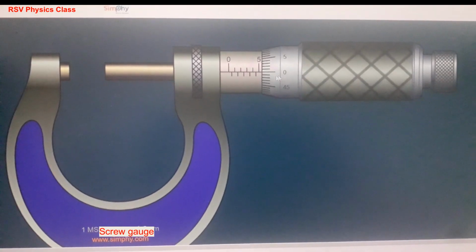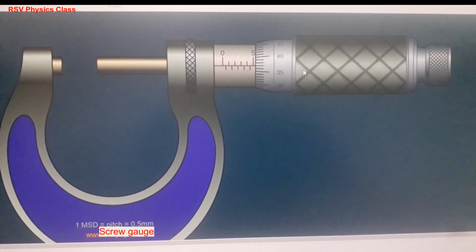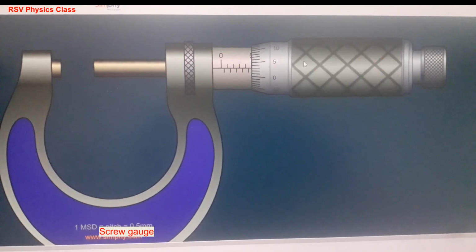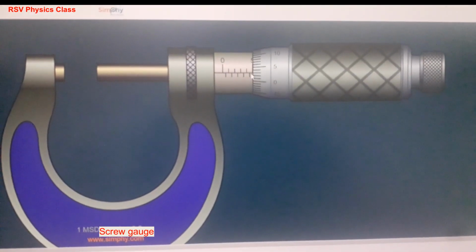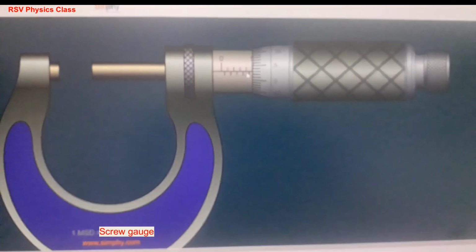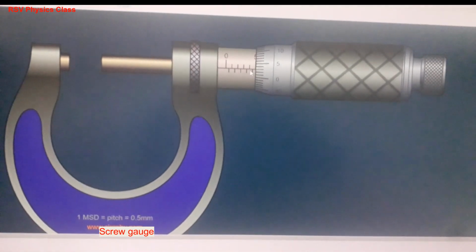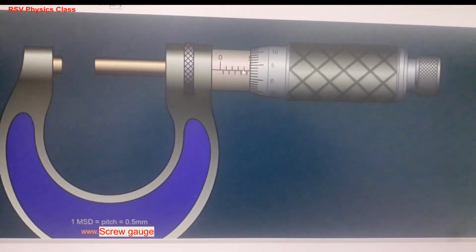See, here it is 0, and then I am moving it to 50 clockwise, then it goes to the next 0, then 1/2, meaning 0.5 mm, it is crossing, right? So the circular scale moves 0.5 mm on the main scale.